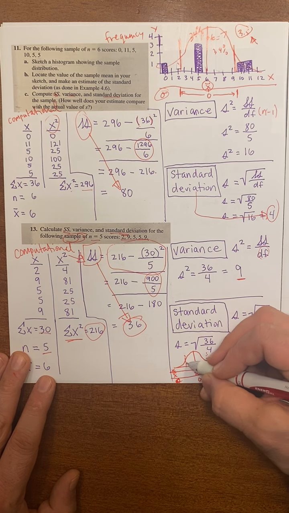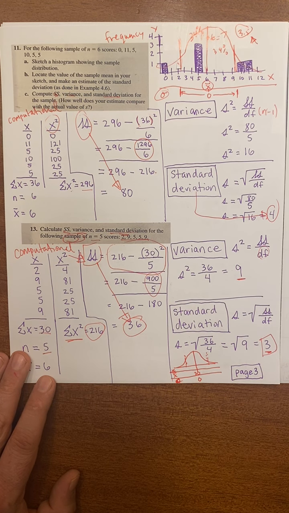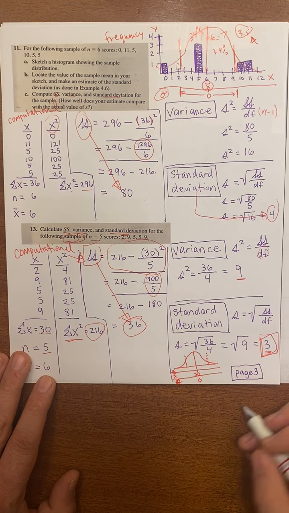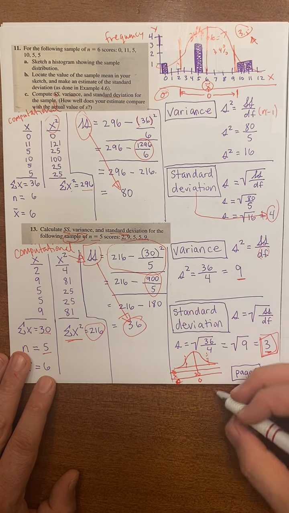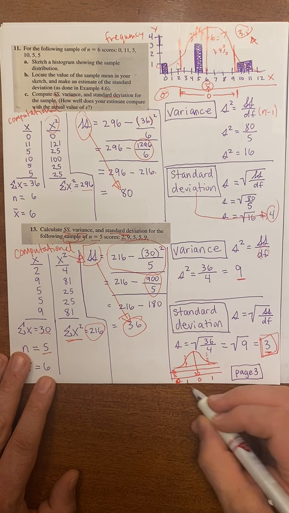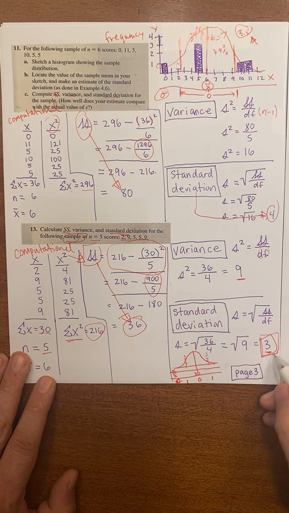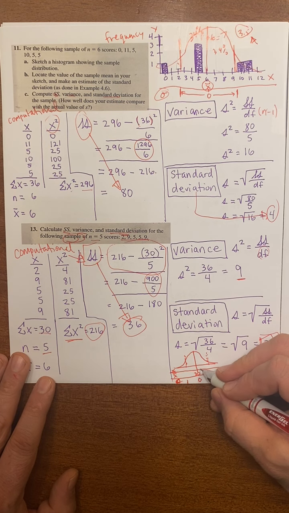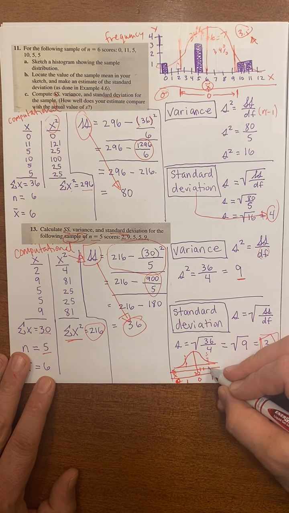They're going to be away from the mean. Basically, what we're saying with this 3 is that to go out to the 1 in terms of the standard deviation units, we're going out 3 spaces on the number line, right? So we've got 30, 31, 32, 33.